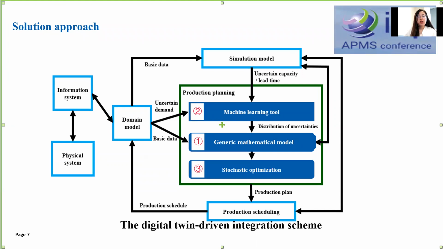And then we will create the generic mathematical model and use a stochastic optimization method to get the production plan. And the production plan can be the input of production scheduling.